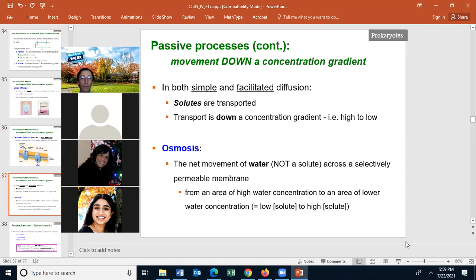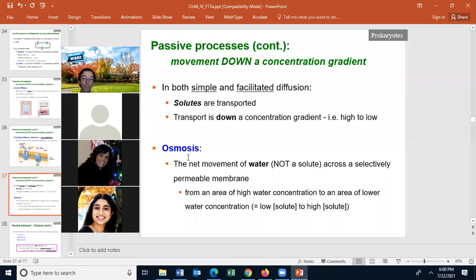All right, so the passive processes move things down their concentration gradient, and that happens in both simple diffusion and facilitated diffusion, where solutes are transported. Osmosis is the net movement of water across the selectively permeable membrane, and water will move from areas of high concentration to areas of low concentration.